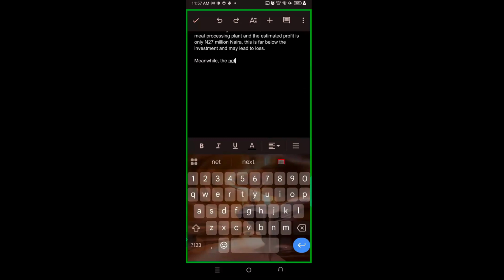The net present value of the investment is negative, which implies that the project is not going to be profitable and not viable.